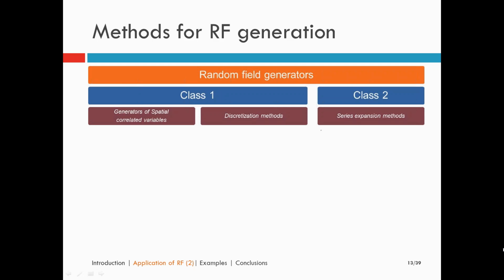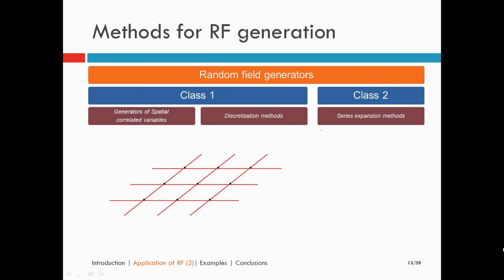is actually a combination of two models. First, we have to generate spatial correlated variables, and these generated spatial correlated variables are discretized in a certain manner, and this is done with the discretization method. And the class 2 methods are series expansion methods.